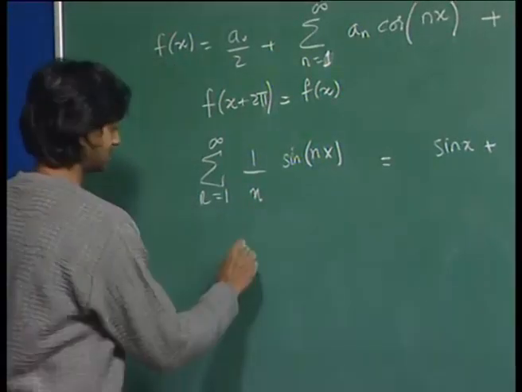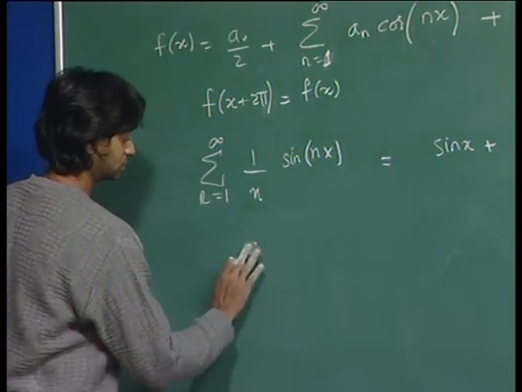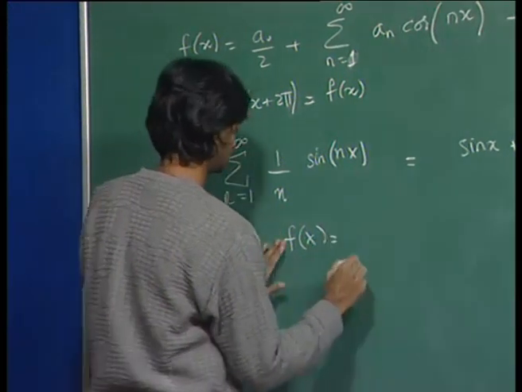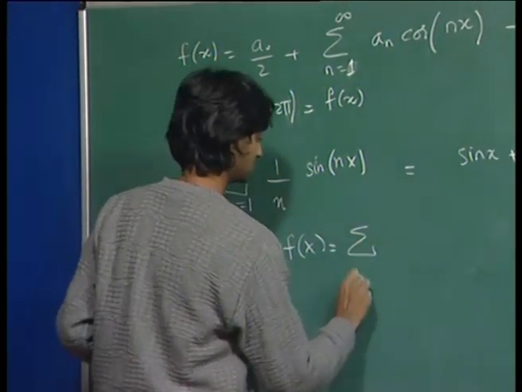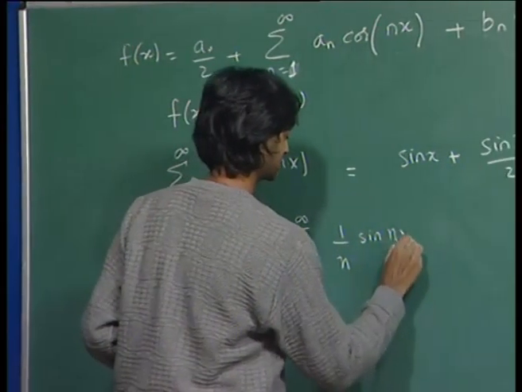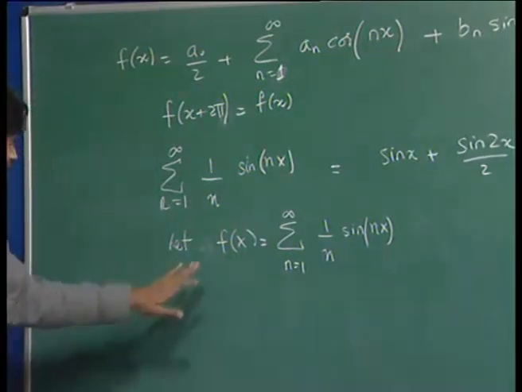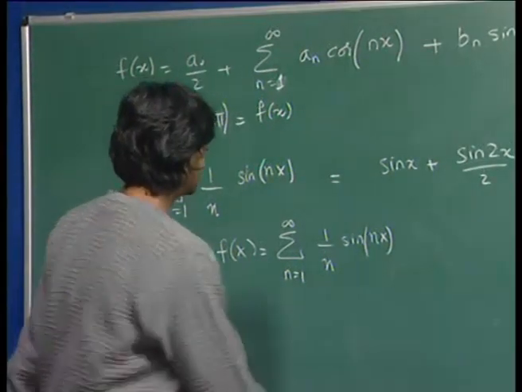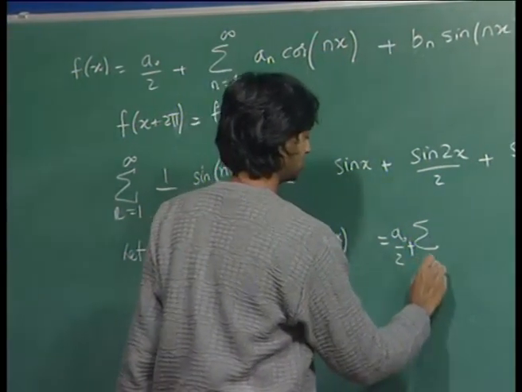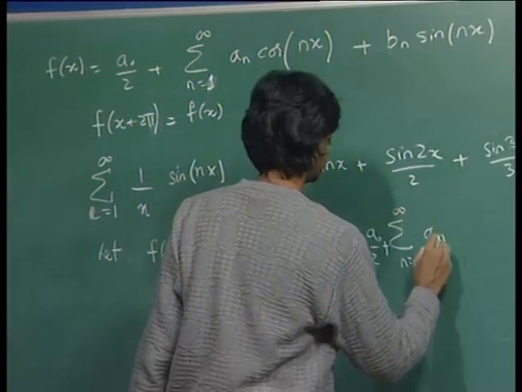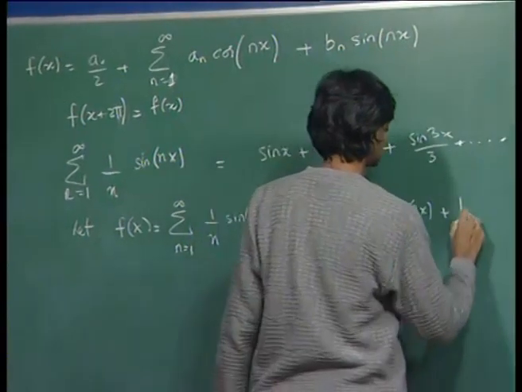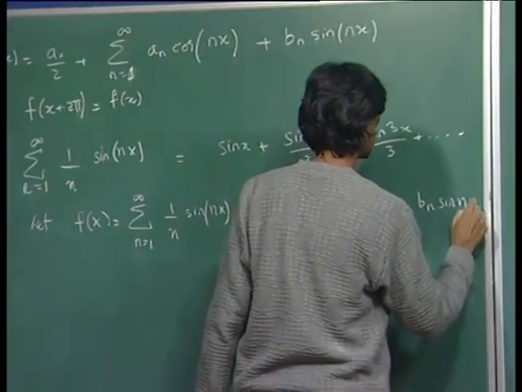So, what you will say is, let f of x be equal to sum over n equal to 1 to infinity 1 over n sin n x. Now, we will write f of x as a Fourier series: a 0 by 2 plus sum over n equal to 1 to infinity a n cos n x plus b n sin n x.